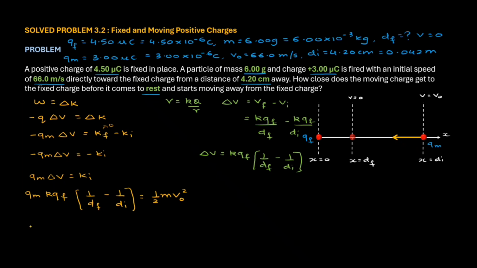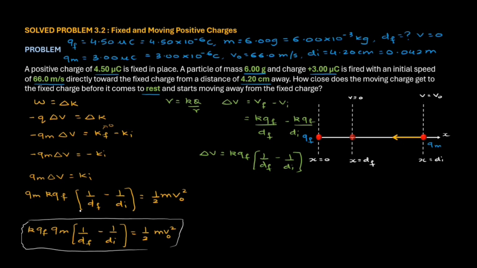Now rewrite this expression. We get k, q fixed, q moving, times 1 over d final minus 1 over d initial equals half m v0 squared. Now you can use shift solve on this expression to calculate d final if you do not wish to rearrange further, or else we can rearrange and solve for d f. So first let us divide by the term here, and we keep the terms in the bracket as they are.